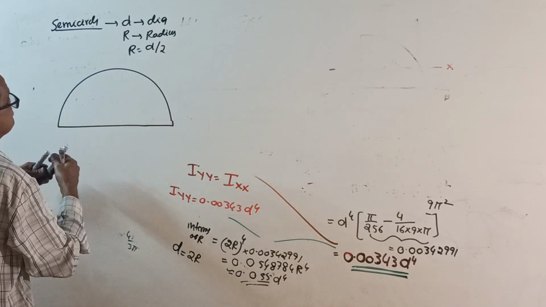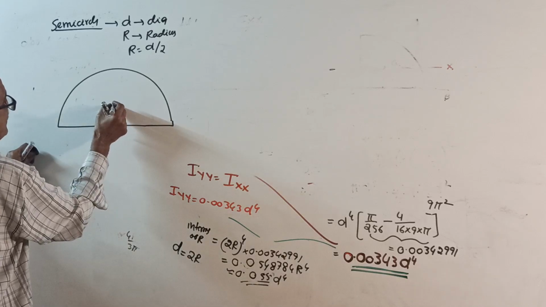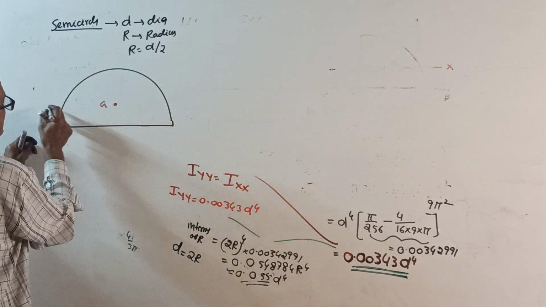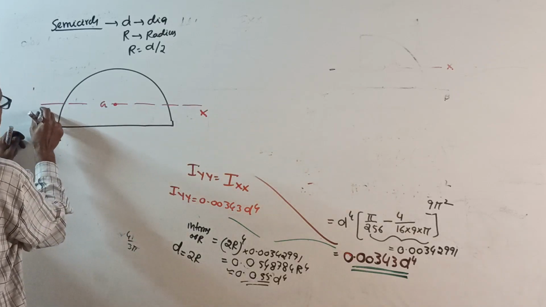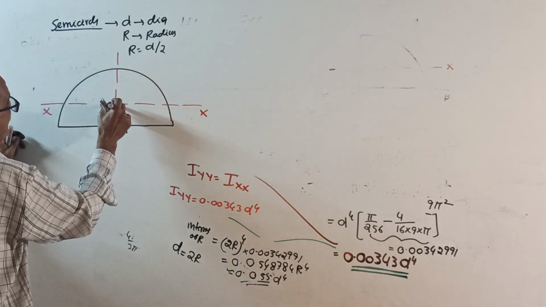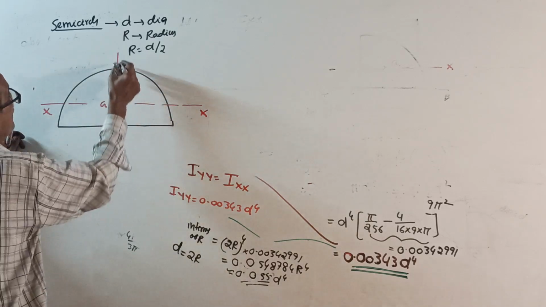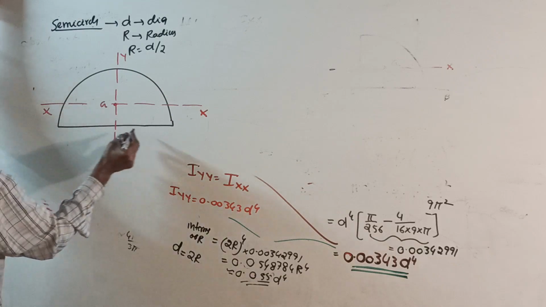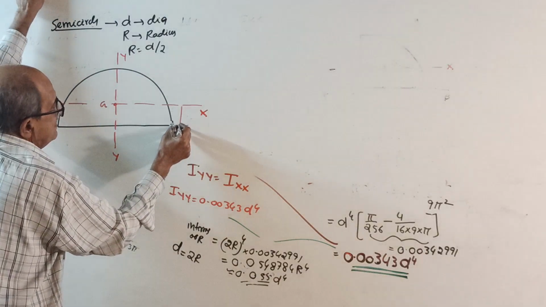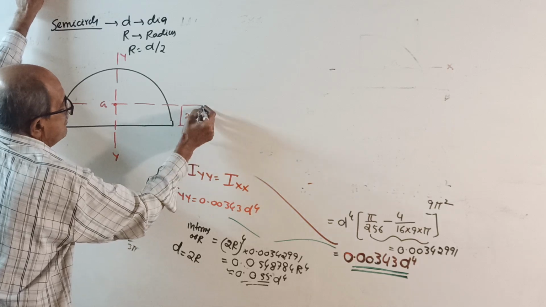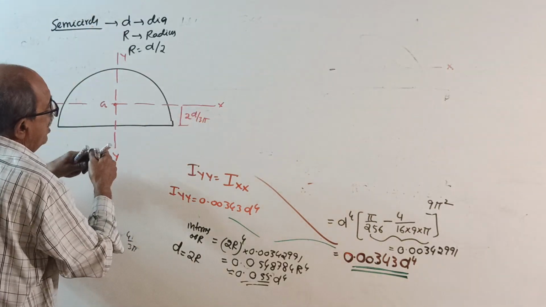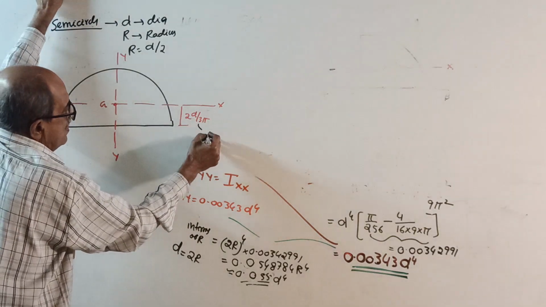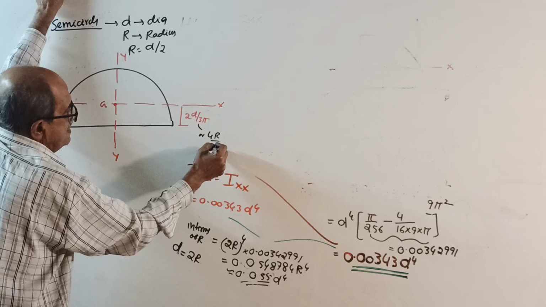Centroid is here, G. This is the x axis. This is the y axis. Where is y? Y from here is at 2d by 3 pi or 4r by 3 pi.